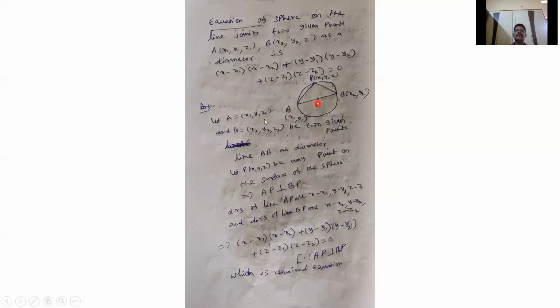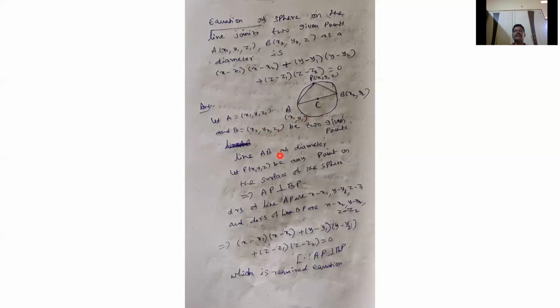So the center of the sphere is C equal to ((x1 plus x2) by 2, (y1 plus y2) by 2, (z1 plus z2) by 2), because AB is the diameter. And the radius is half of AB, the distance between A and B: half of the root of (x2 minus x1) whole square plus (y2 minus y1) whole square plus (z2 minus z1) whole square.